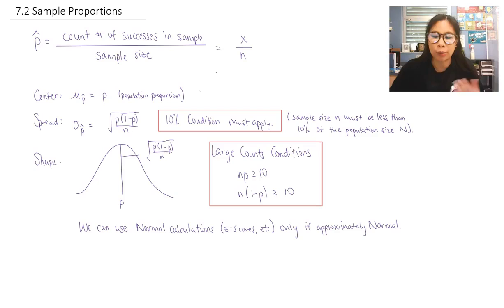The 10% condition is the one where your sample size, lowercase n, has to be less than 10% of the overall population. You'll see the book use lowercase n to stand for the sample size and uppercase N to stand for the population size. Then we also have to check that our large counts conditions are met so that we can actually use our z-scores to calculate our probabilities.